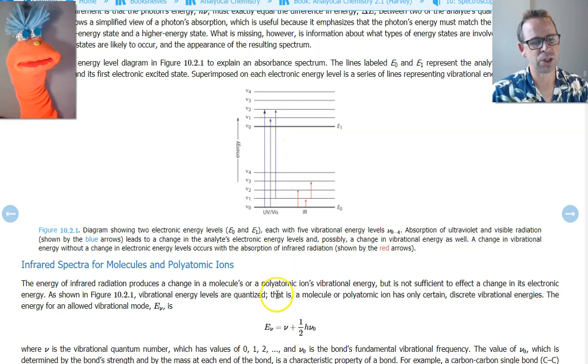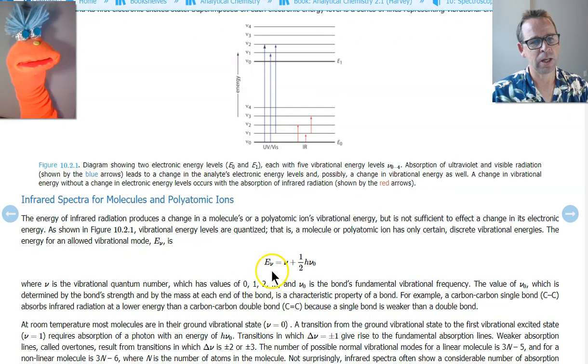And the energy of this transition can be described by the vibrational quantum number, which is just going to be some integer value 0, 1, 2, plus 1/2, times Planck's constant times the fundamental vibrational frequency.